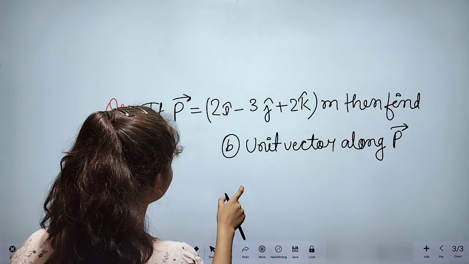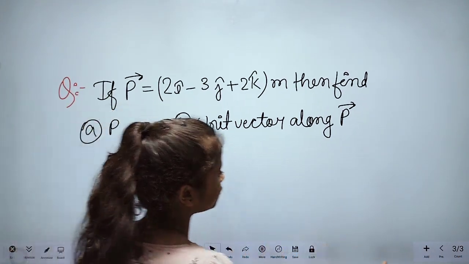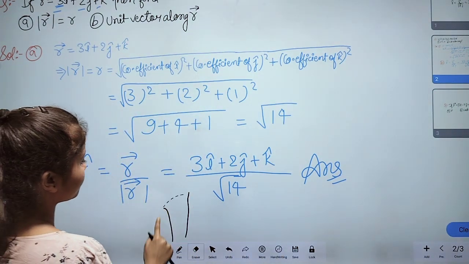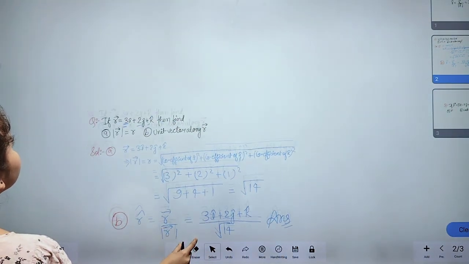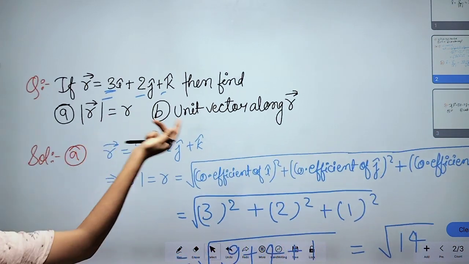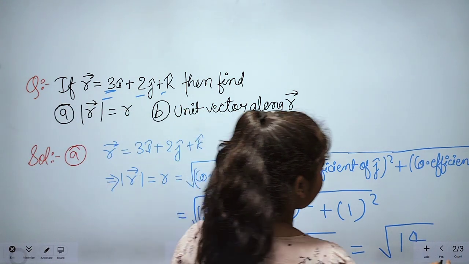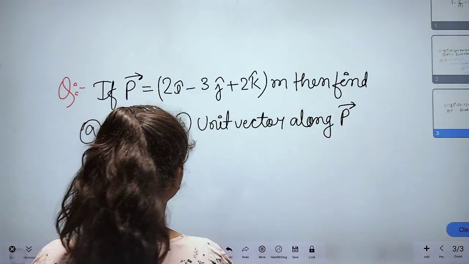This question is the same as the first question, that is, if r vector is equal to 3i cap plus 2j cap plus k cap, then find the magnitude of r vector and unit vector along r vector. Now do this question.